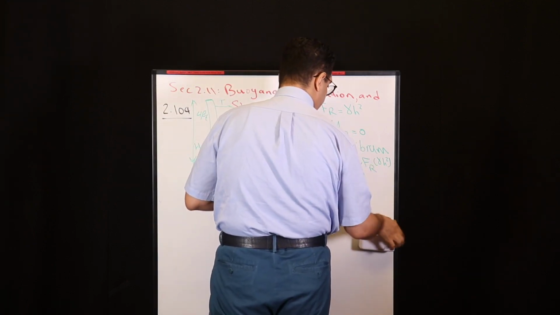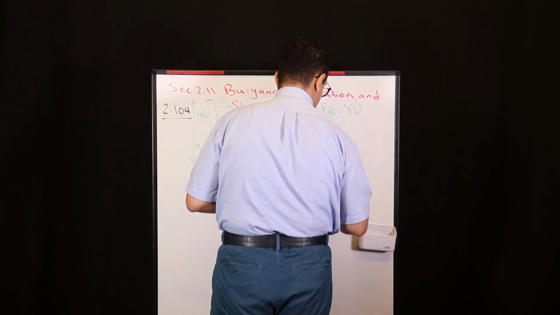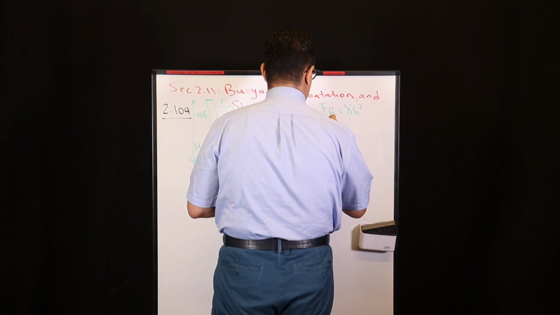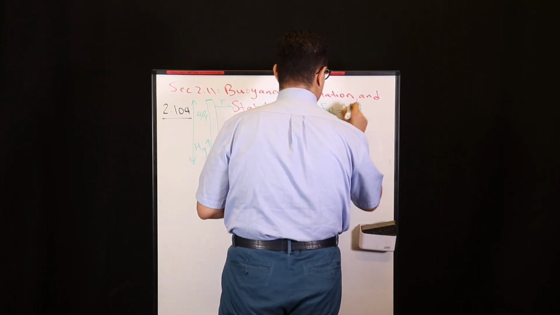So, T is equal to gamma H to power 3 divided by 12.